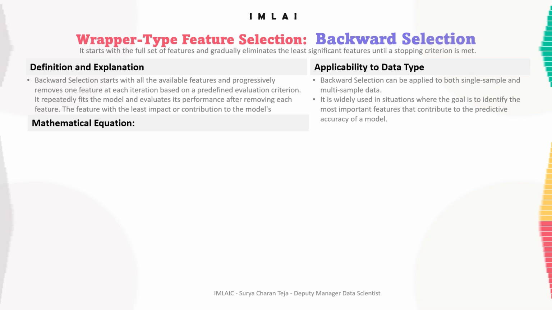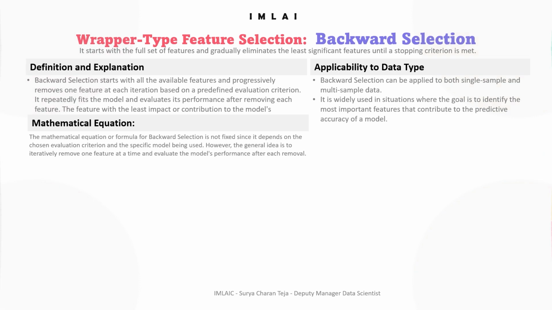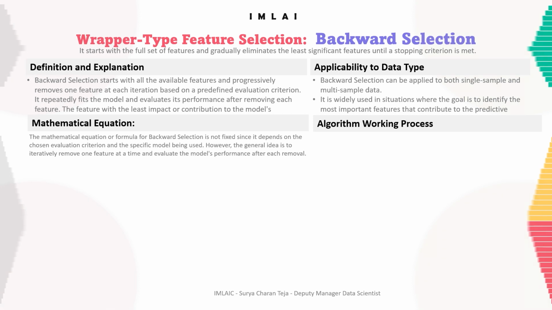Next, let's look into the algorithm working process. So, the algorithmic steps for backward selection are as follows.